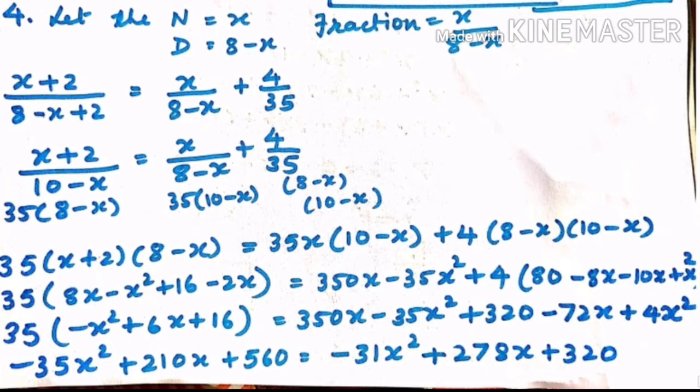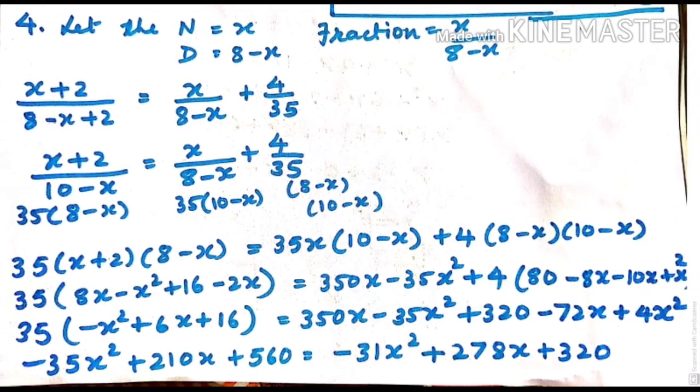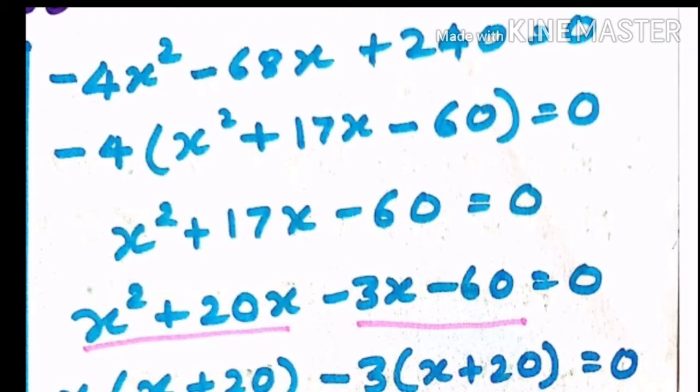You see, now I will take my right hand side to the left hand side. So minus 35x square plus 31x square becomes minus 4x square. Then 210x minus 278x, and then 560 minus 320, that I get minus 4x square minus 68x plus 240 is equal to 0.